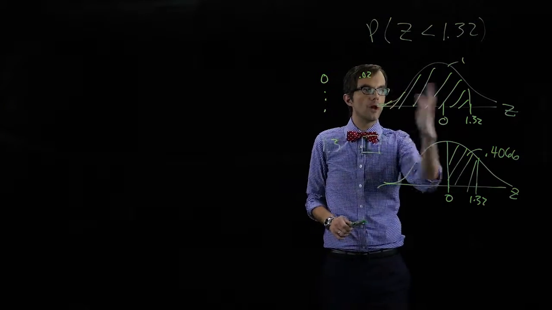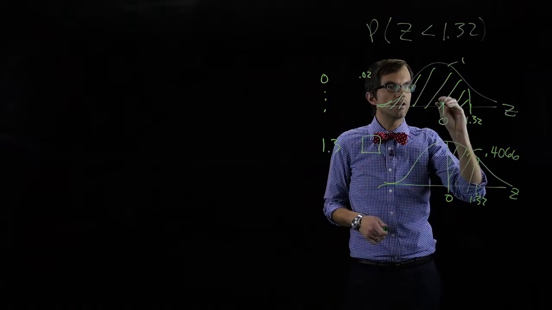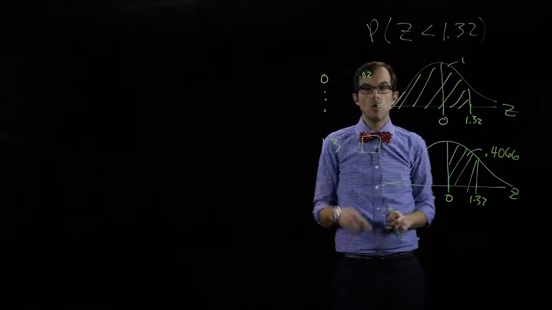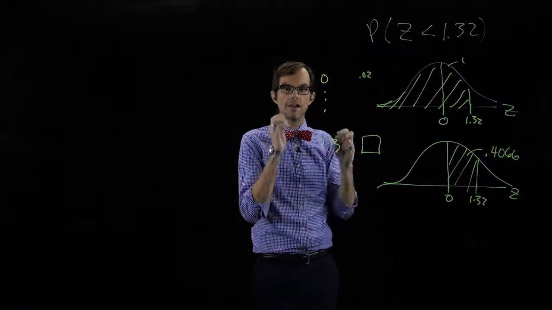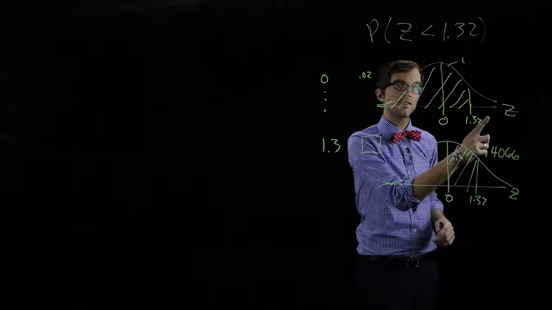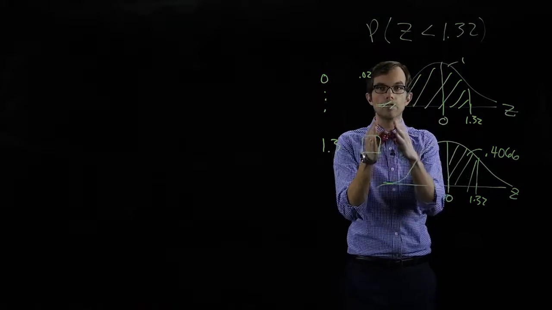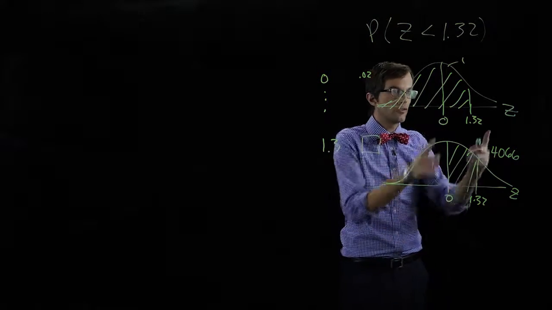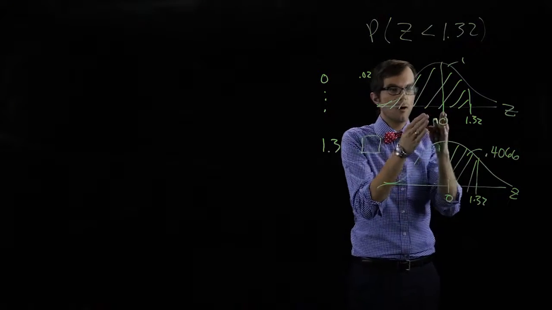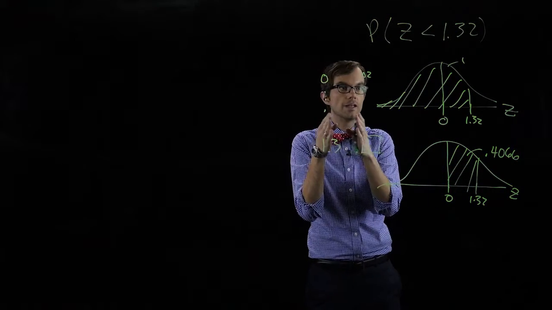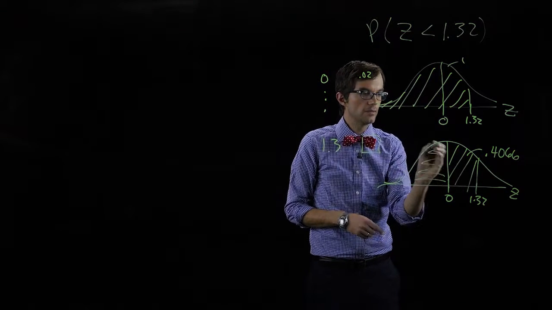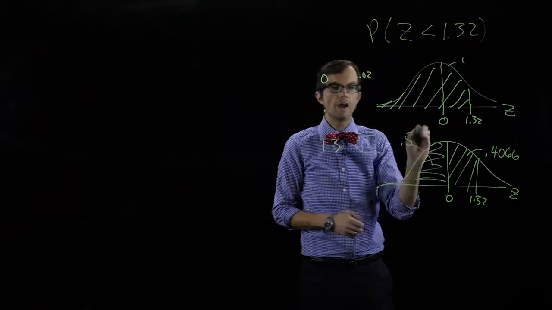But that's not what we want here. That's just this area right here. We want all of this area. Well, we said that the z distribution is a symmetric distribution. That must mean that above 0 lies half of the probability, and below 0 lies half of the probability. So the probability from 0 up to positive infinity is 0.5. The probability from 0 down to negative infinity is also 0.5. So this area right here is 0.5.